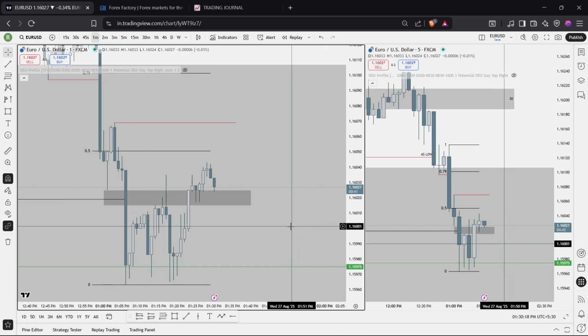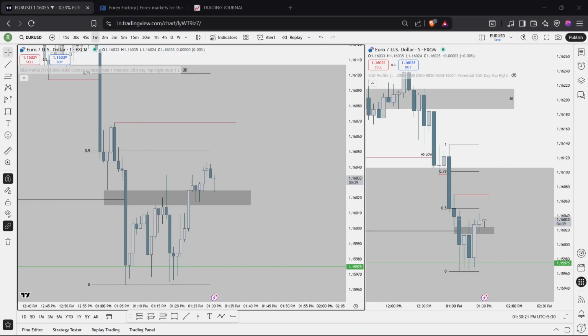This 1 hour candle has also closed. I would like to enter here. So I've entered here. My SL will be below this.